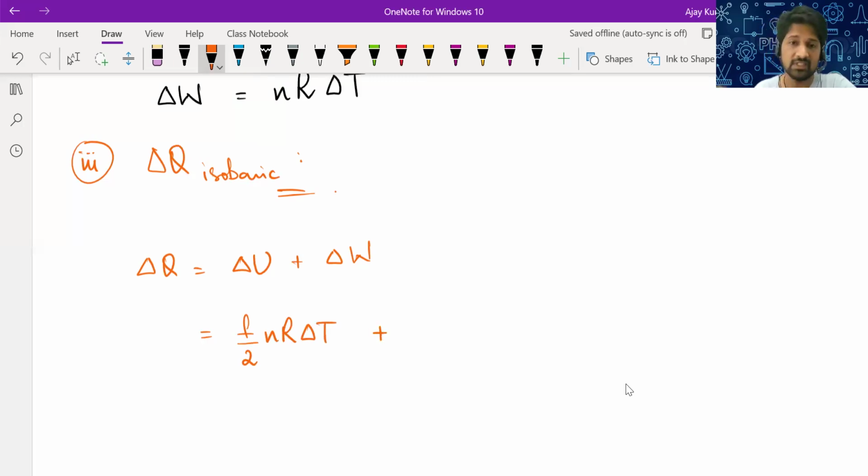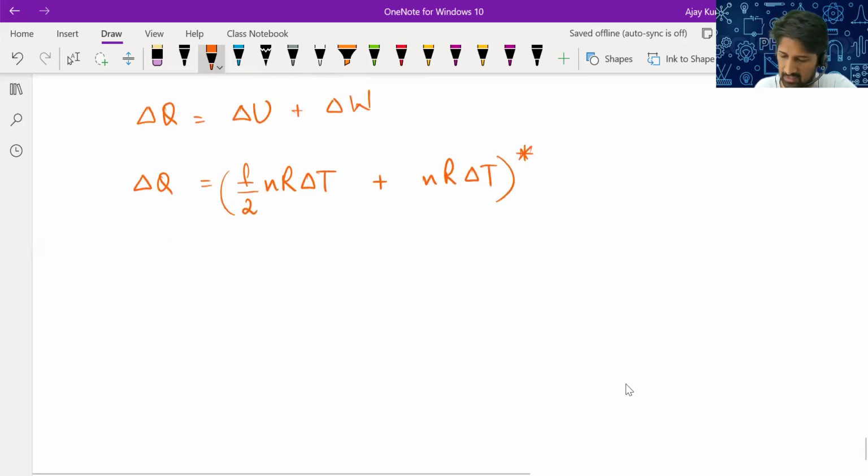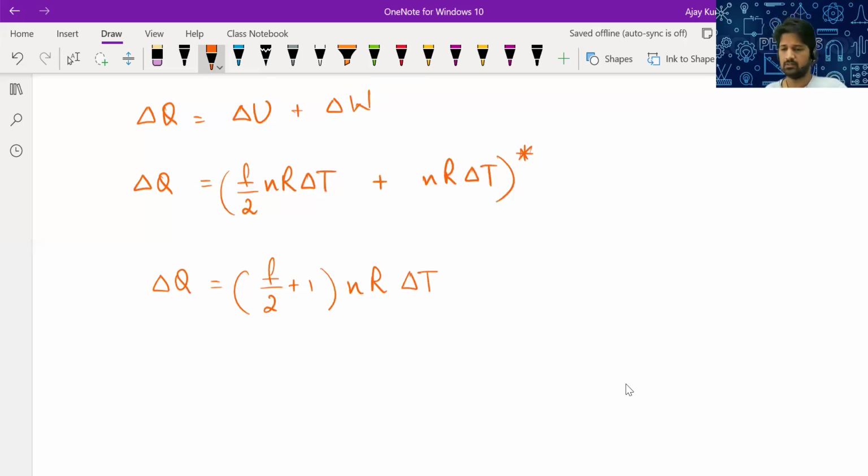And delta W, we just proved that it can be calculated as nR delta T in an isobaric process. So all this is valid for isobaric. Adding these two, it becomes (F by 2 plus 1) multiplied with nR delta T. So you can calculate it this way if required.